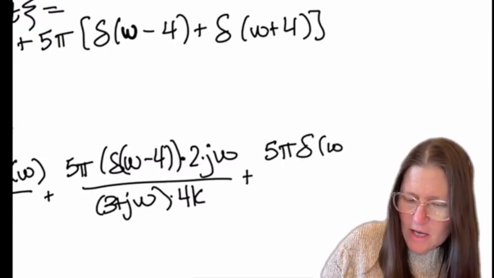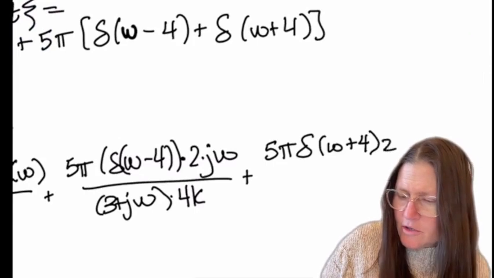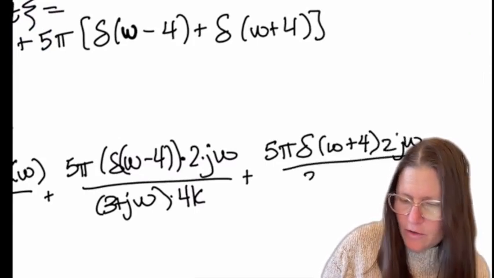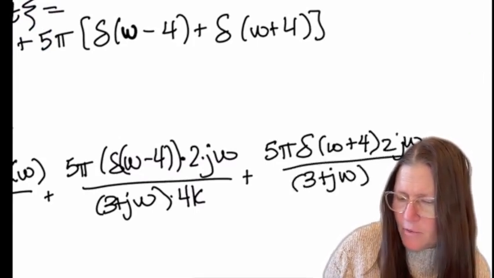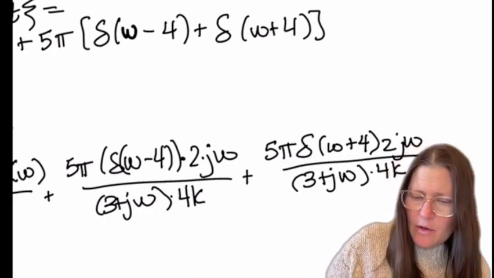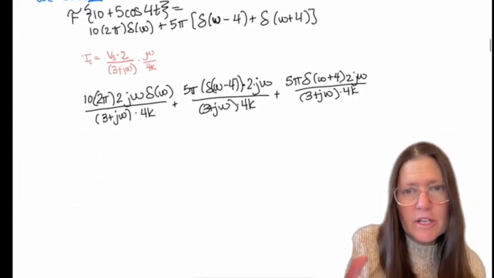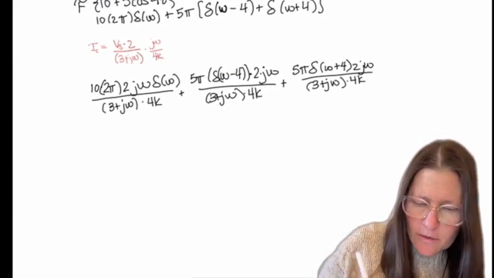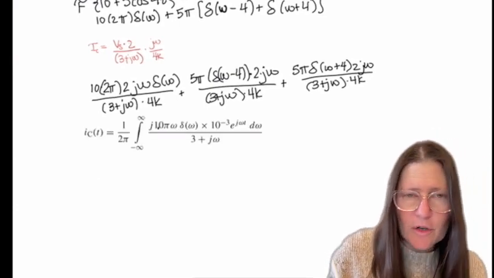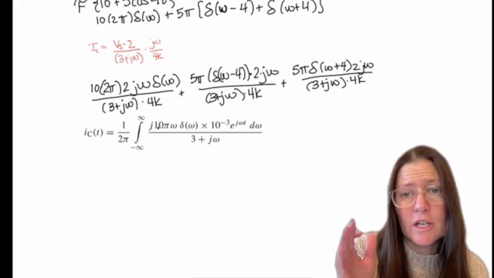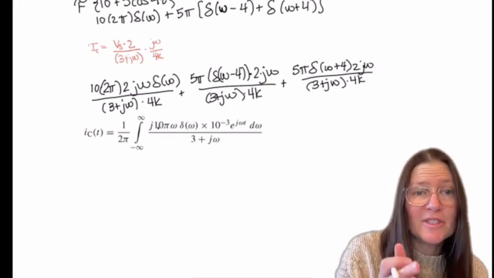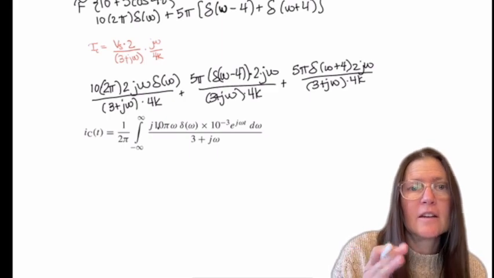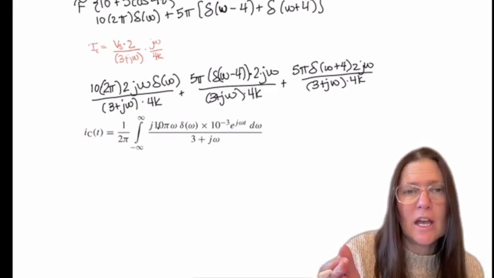Delta omega plus 4j omega, all over 3 plus j omega, 4k. So now I have 3 terms here, and I'm going to break up each term and take the Fourier of that. So the first term, 2 pi, or 2 times 10 over 4k times 2 ends up being a 1.